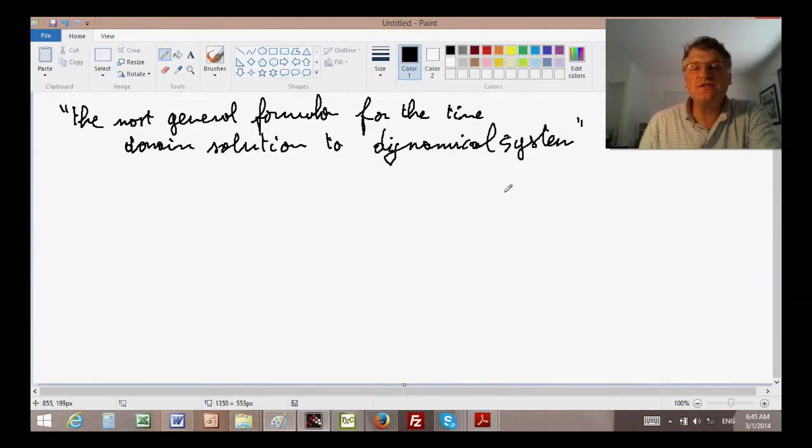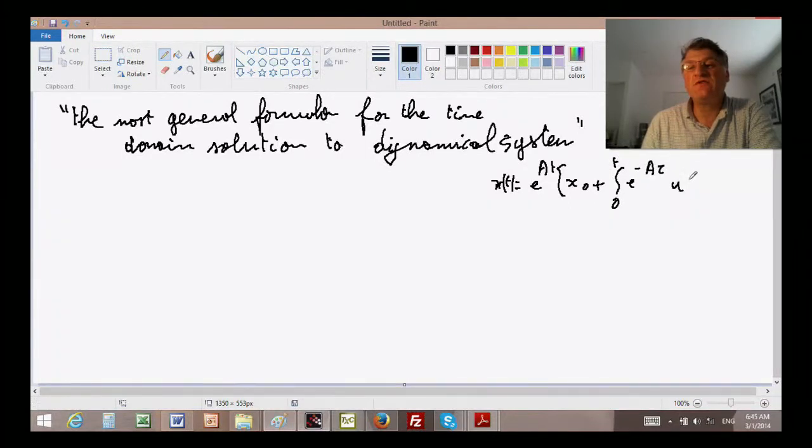Remember, the solution is given in terms of x of t is equal to e to the At times x0 plus integral from 0 to t of e to the minus A tau B u of tau d tau. Okay?